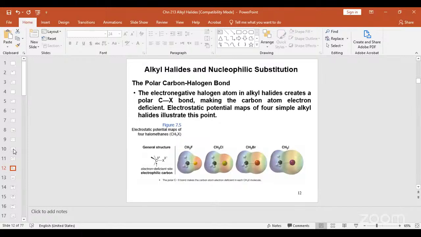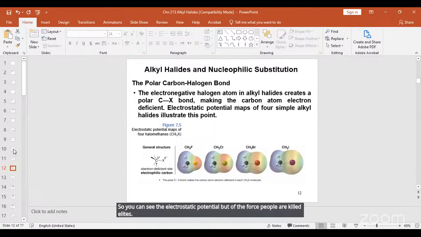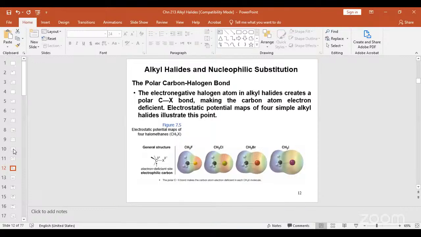So you could see the electrostatic potential map of the four simple alkyl halides. Now we have that.